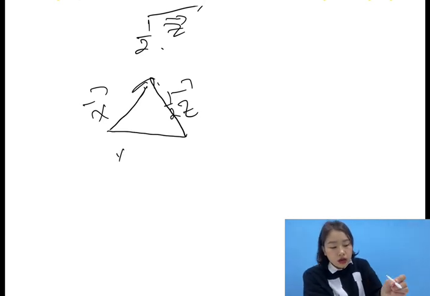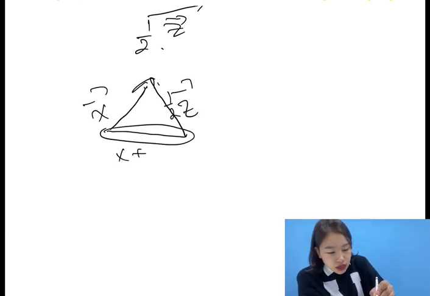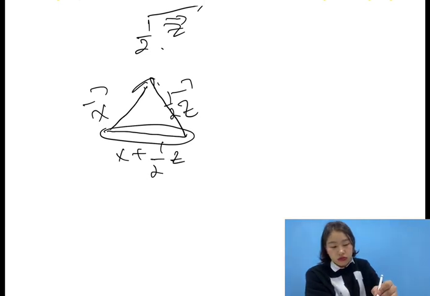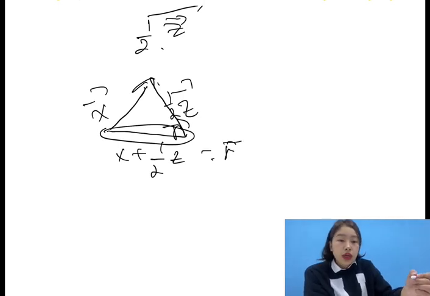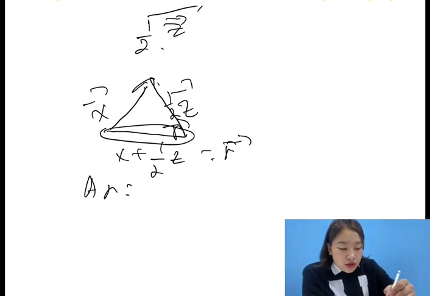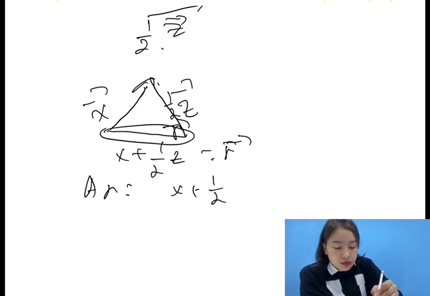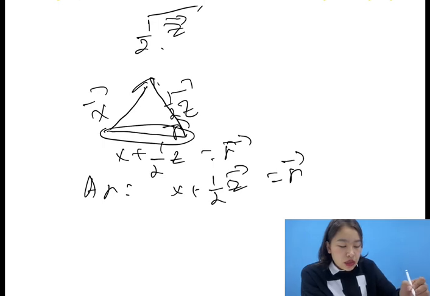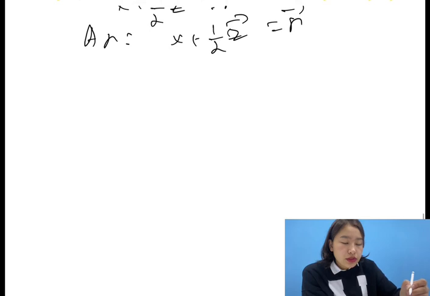So we connect them, and this side will be the sum of x and 1 over 2 z, or we can just name it the r vector. So the answer is: the sum of x and 1 over 2 z vectors is equal to the r vector.